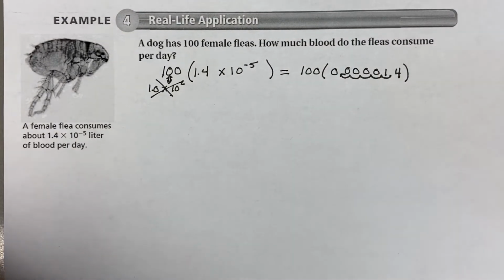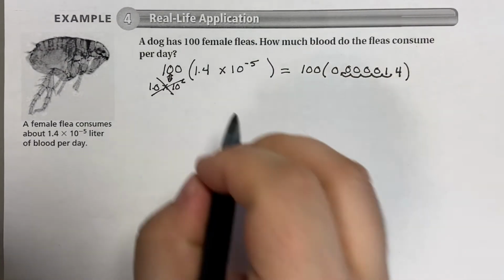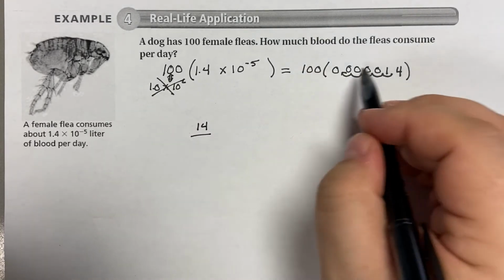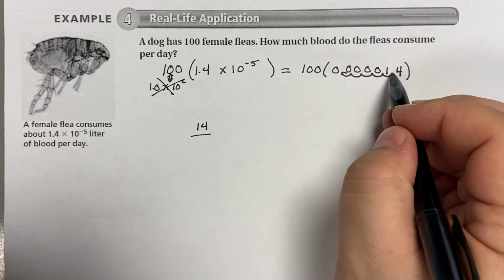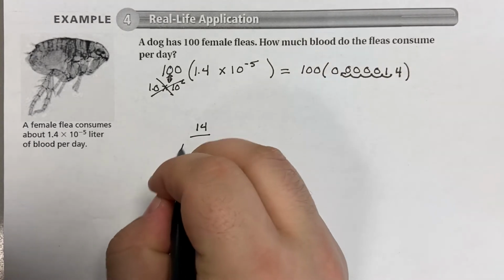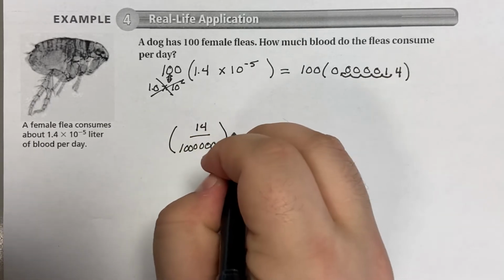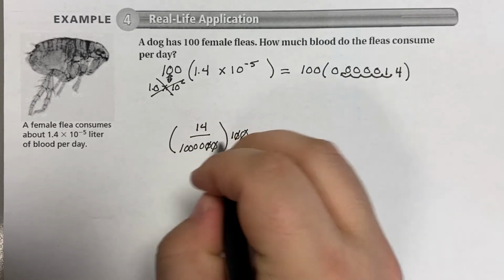All right. So, as I'm looking at this, what I can also notice is I could turn this into a fraction. That's the same as 14 over 10, 100,000, 10,000, 100,000, 1 million. And I'm going to multiply that by 100, and that 0 cancels that one, and that one cancels that.